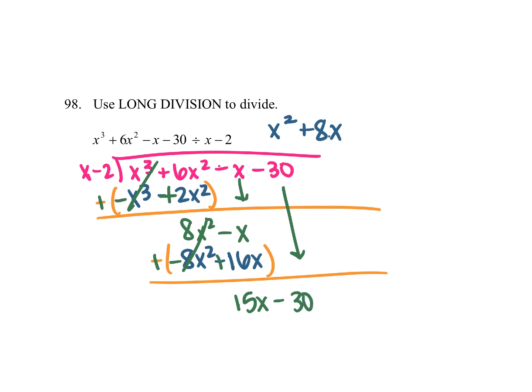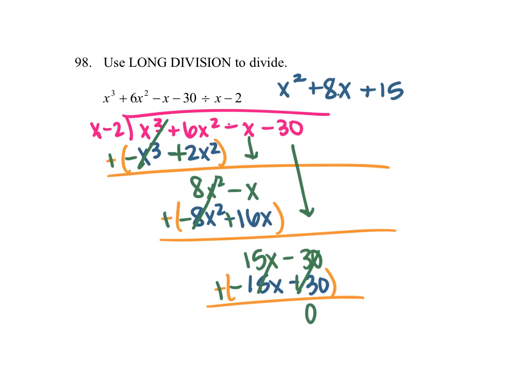So x times 15 is 15x, times negative 2 is negative 30. Subtract these, distribute your negative, change the sign on everything, everything cancels. So your answer for this one is just x squared plus 8x plus 15.